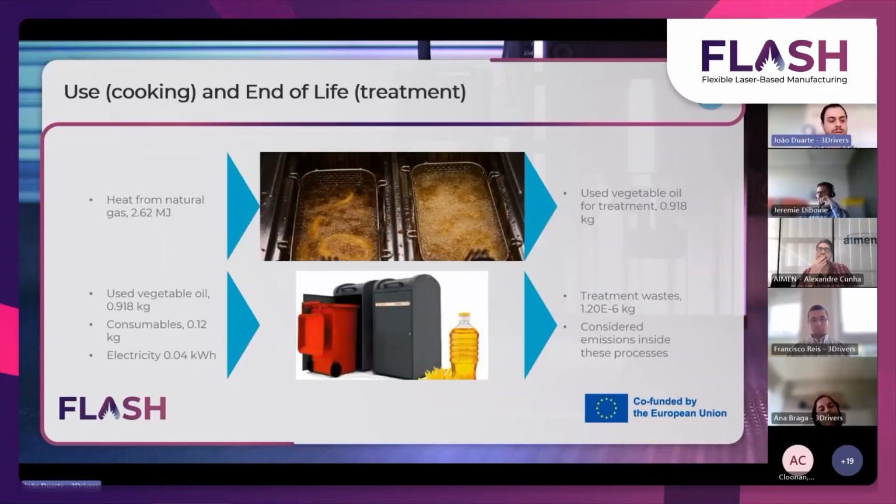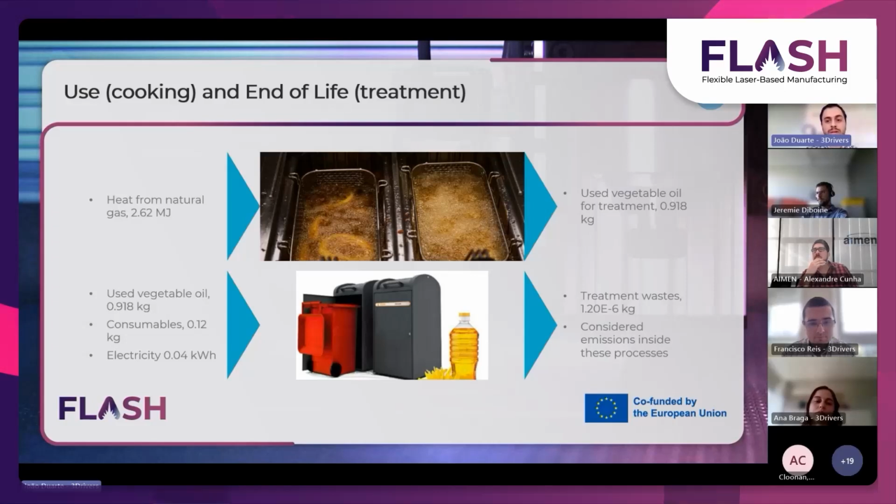And finally, we have the use phase and the end of life. For the use phase, the only input it's also the olive oil, of course, but it's also heat from the natural gas.